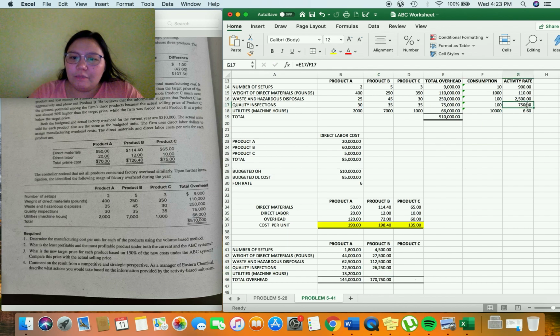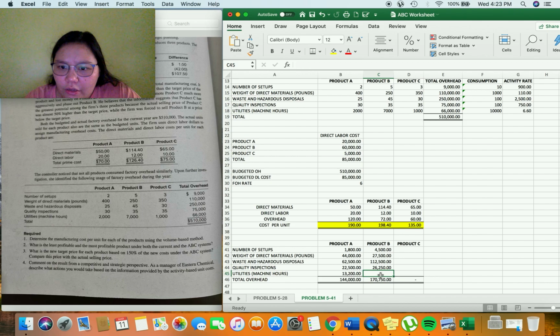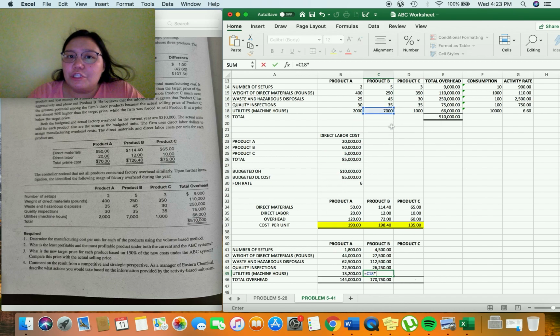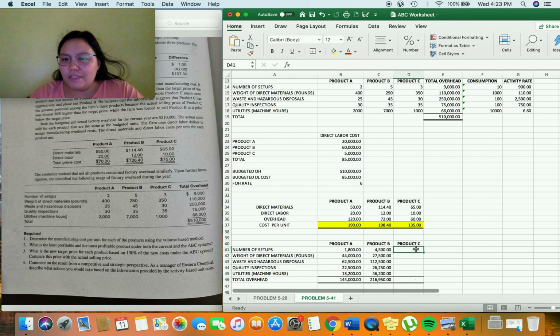And for the machine hours, we have 7,000 machine hours spent in manufacturing product B multiplied by 6.6 and we'll get 46,200. So the total overhead allocated to product B under activity-based costing is 216,950.